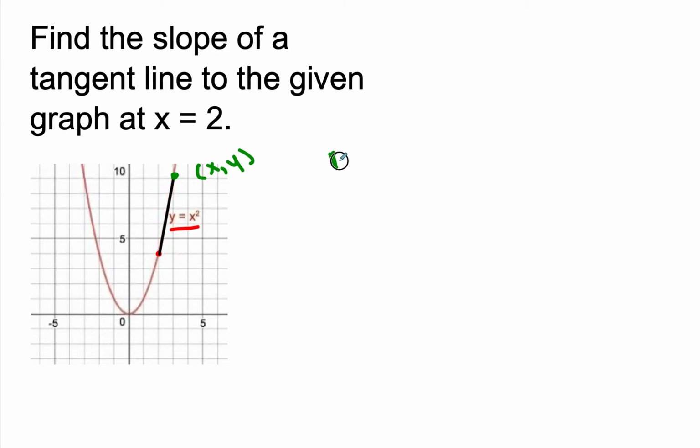So what I'm trying to do is find the slope, which is y minus 4, because this is 2 comma 4 right over here, over x minus 2.